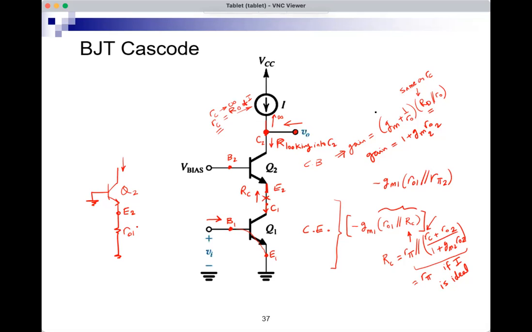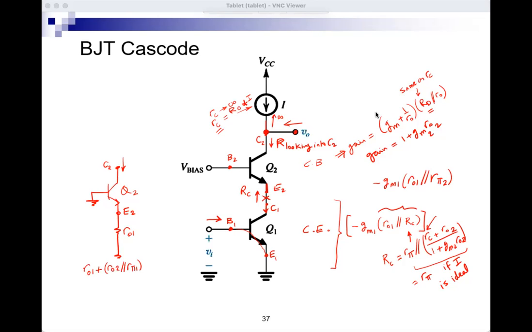So back to the output resistance, if I'm looking now into the collector of Q2 with a resistor Ro2, again looking at the formula sheet for resistance calculations, looking into the collector, what you will see is, from the formula sheet, Ro1 plus Ro2 parallel R pi 1.